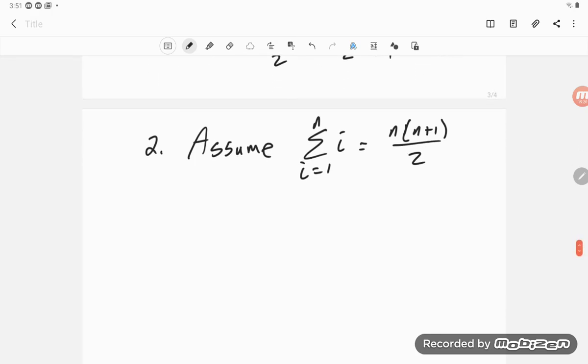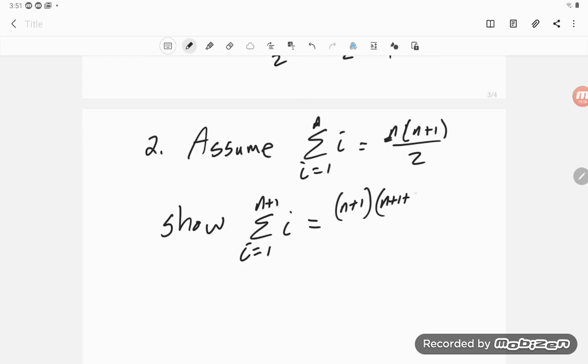Now, what we want to show, and sometimes it's not a bad idea to write this down so you know what you're heading for, is an answer that looks like n plus 1 in place of n, and then n plus 1 plus 1, all over 2.